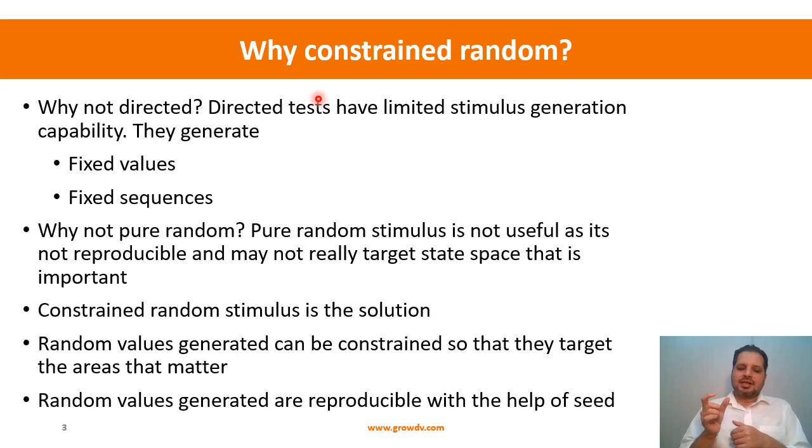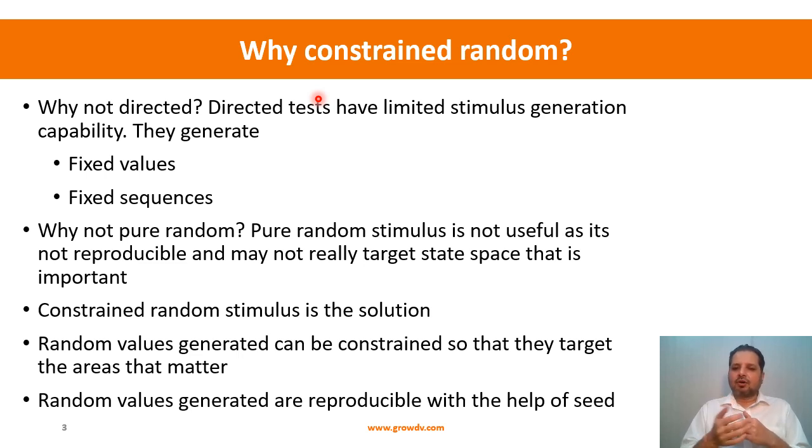So what the seed allows is, seed is a number that you pass along with your test command line, and that helps the test create a random behavior that is reproducible. Okay, so we will look at it in a little bit more detail. So with these two things is only when random type of stimulus starts to make sense in the context of verification. So with this background, now let's look at a little bit more.